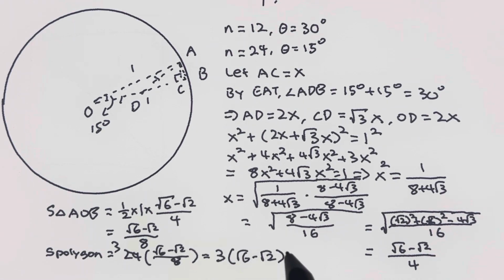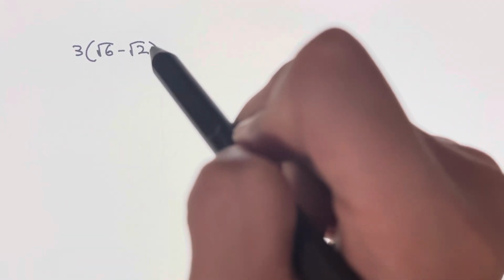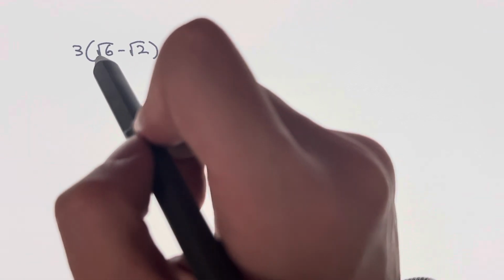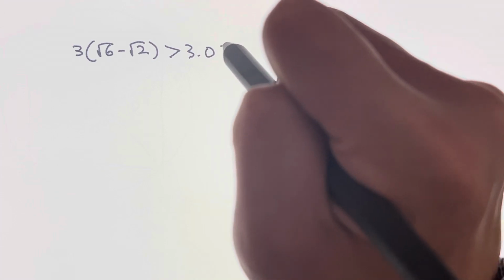But then how do we find the value of 3 times (root 6 minus root 2)? Notice that our goal is just to prove that 3 times (root 6 minus root 2) is greater than 3.05.